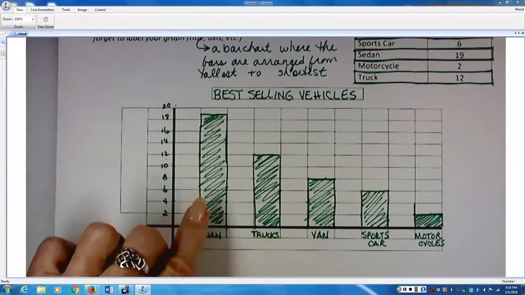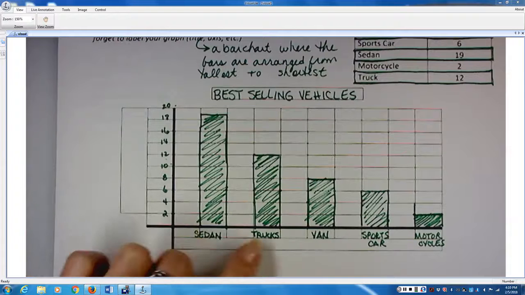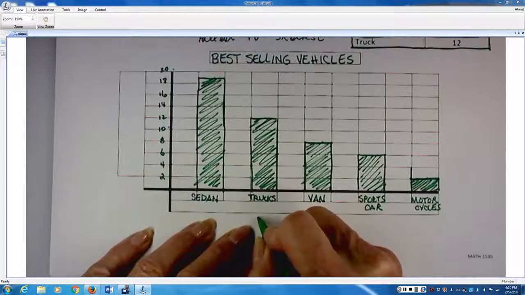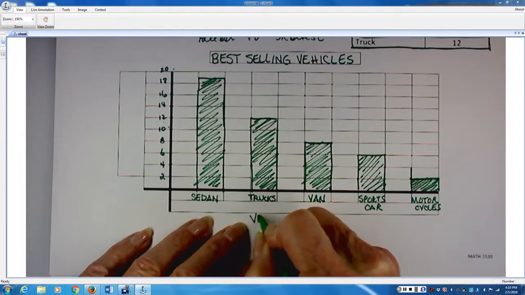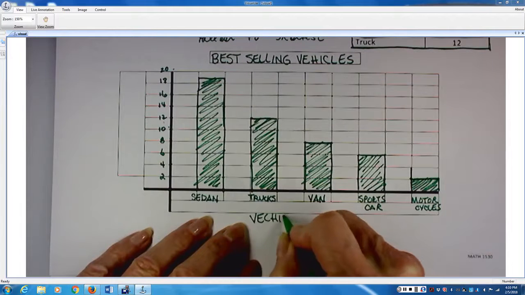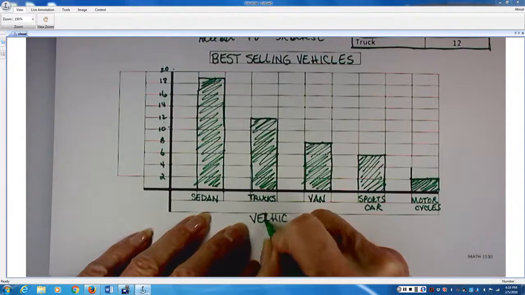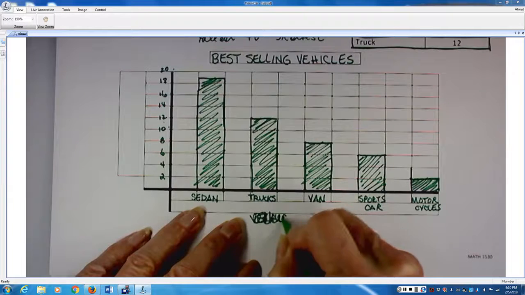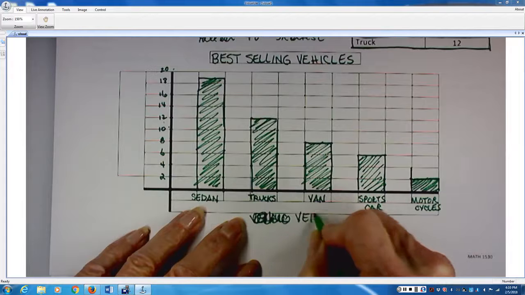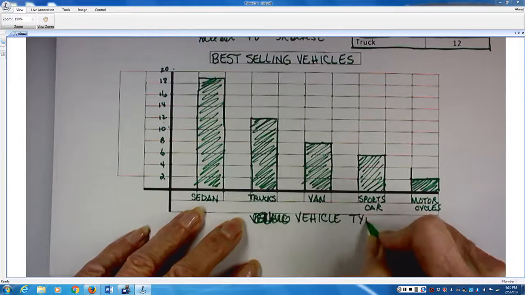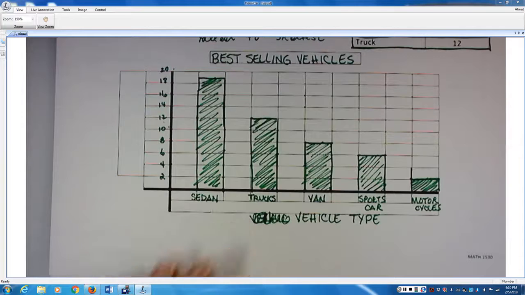And the best-selling vehicles you can see easily are the sedans and the trucks. My horizontal axis type is, be nice if I could spell, vehicle type.